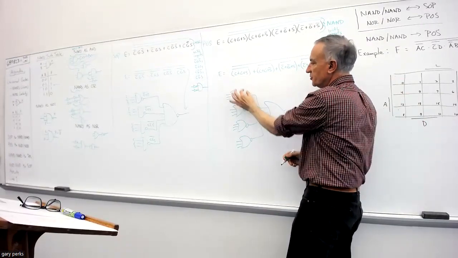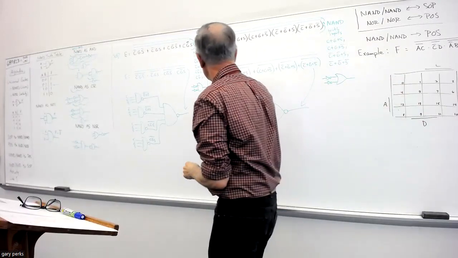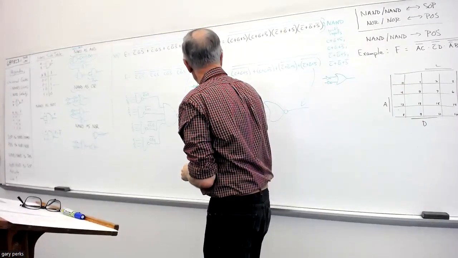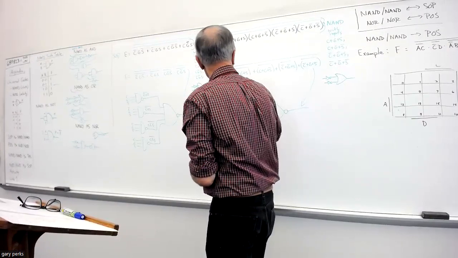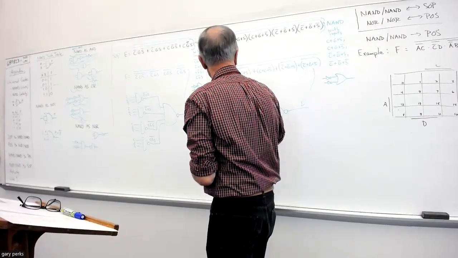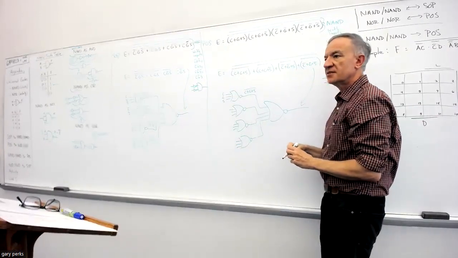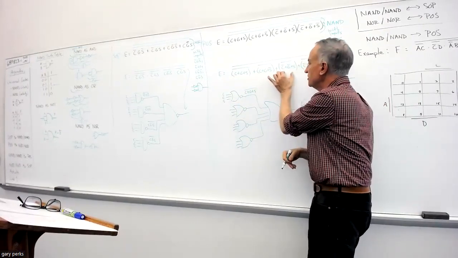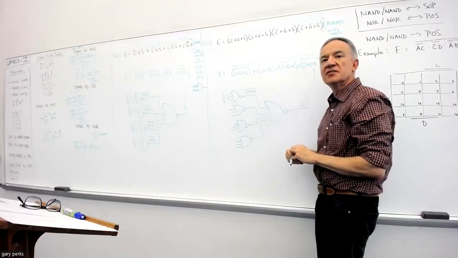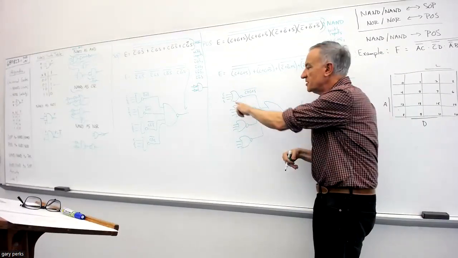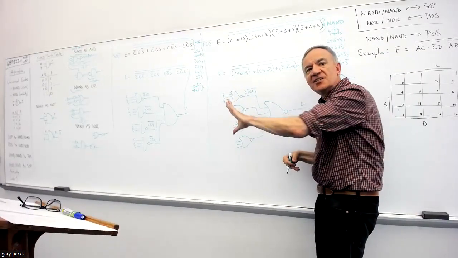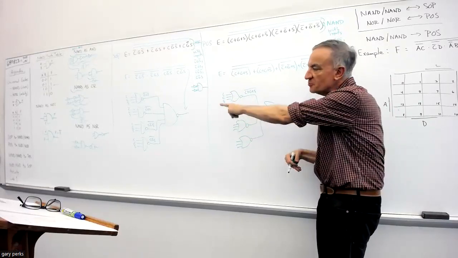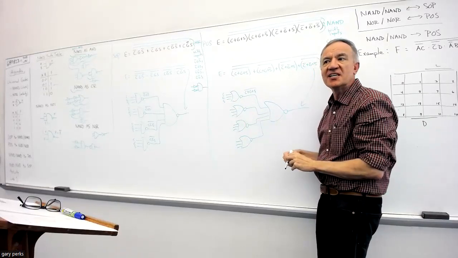Like if we made this C, G, S, here we would have C or G or S, the whole thing inverted. And it would be the same thing for this one, this one, and this one. Does anyone want me to actually write that, or you get the idea? It's very similar to what we did over there. It's just NORs instead of NANDs, right?